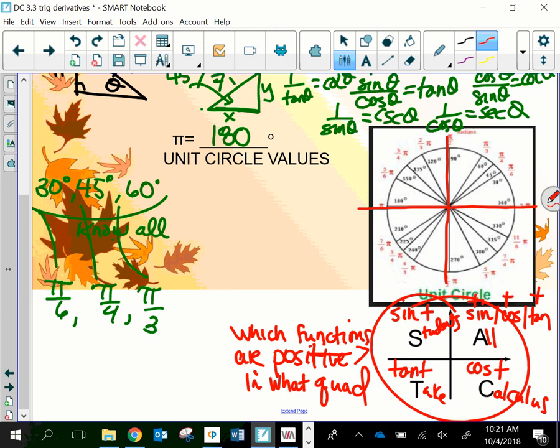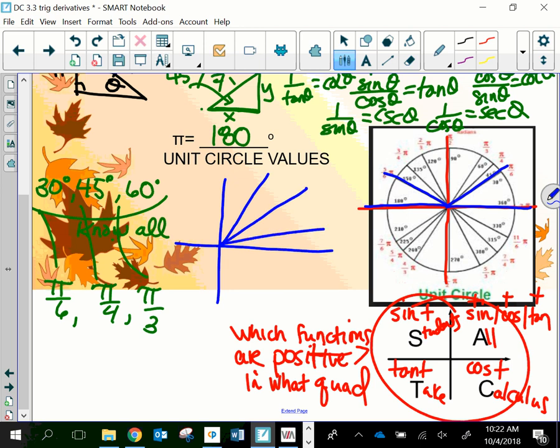How is that helpful? Well, it's helpful because we know that this little guy right here in the second quadrant has the same values as this little guy right here, except for the signs. So we are going to memorize, if we haven't, the 3 that we need to know in each quadrant.